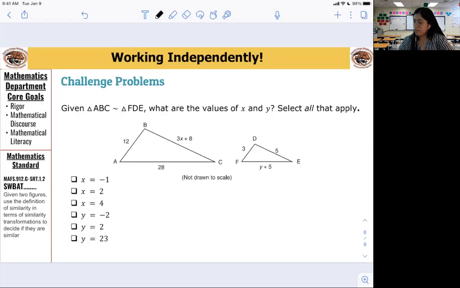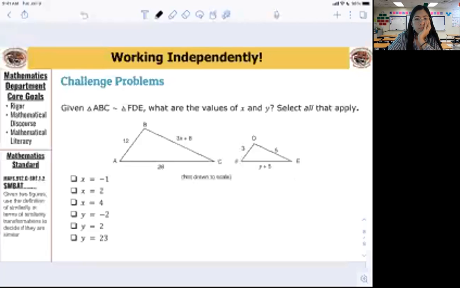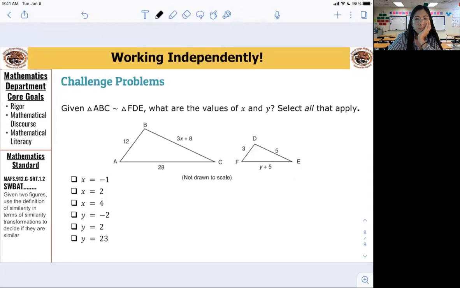Okay, I have one answer in there. I'm not giving away any hints. Figure it out. Give me 25 more seconds.